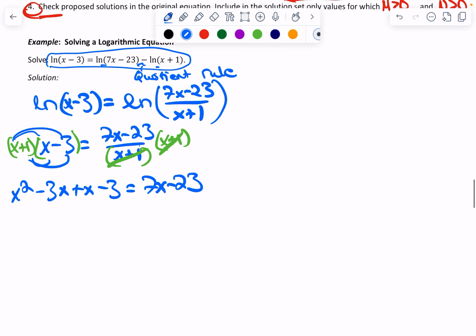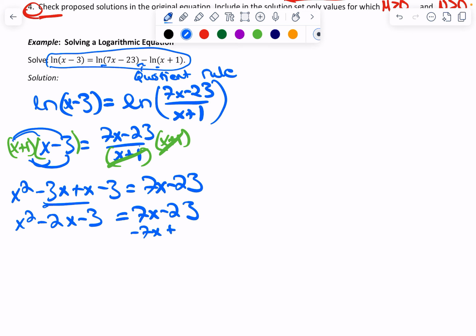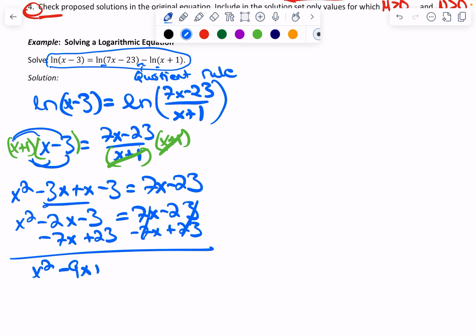Now we're going to start moving things over and combining the like terms. So x squared minus 2x minus 3 equals 7x minus 23. To cancel these, we subtract 7x and add 23 here. x squared minus 9x plus 20 equals 0.